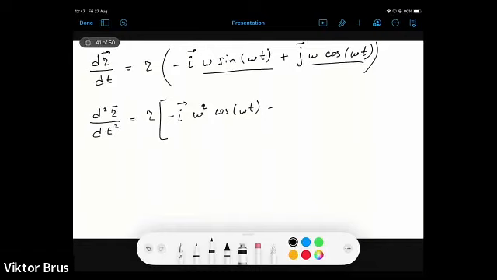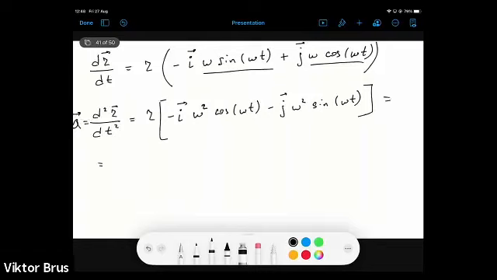And here again we have minus j unit vector omega square sine omega t. Okay, and we remember that this actually will be our acceleration vector.